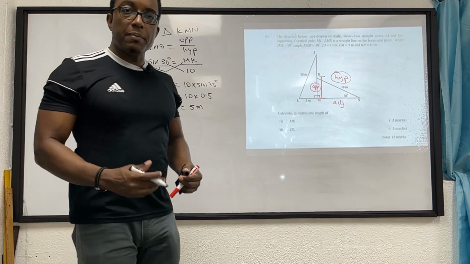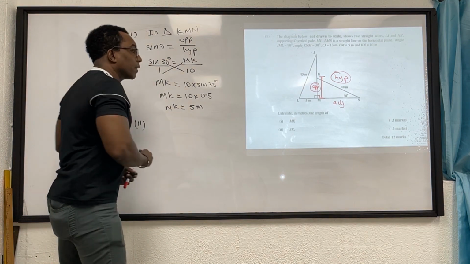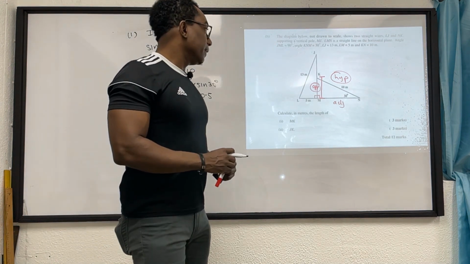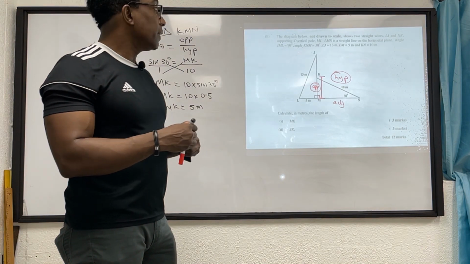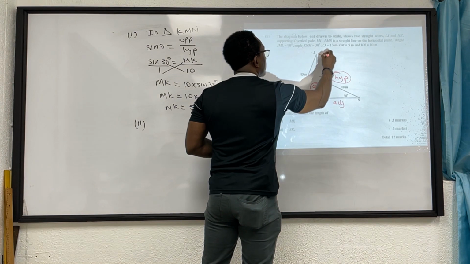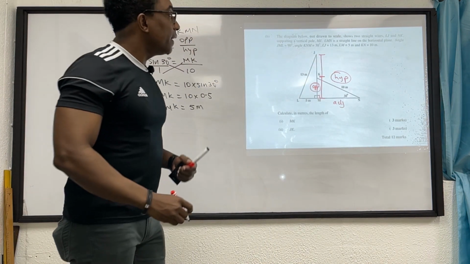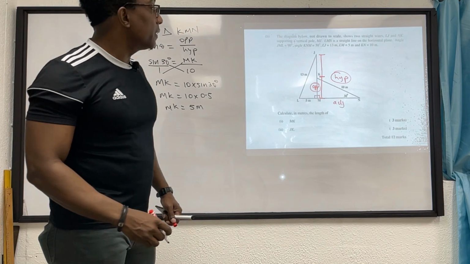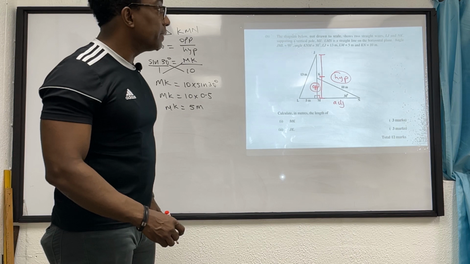So having found MK, let's look at part 2. Part 2, we have to determine the length of JK. So where is JK on our diagram? This is JK. So to find JK, again, we put some thought into it. Clearly, we just found the length of MK.